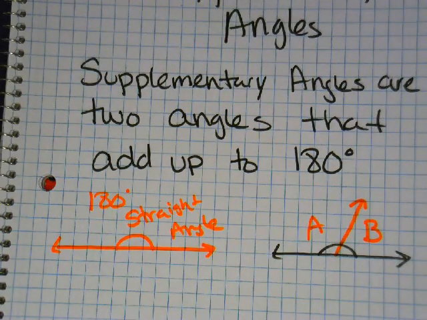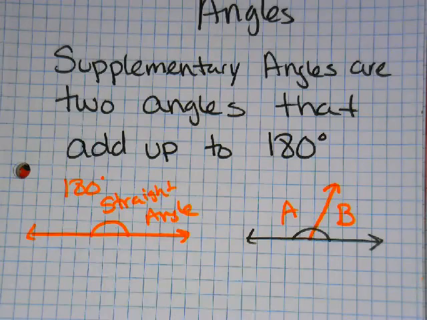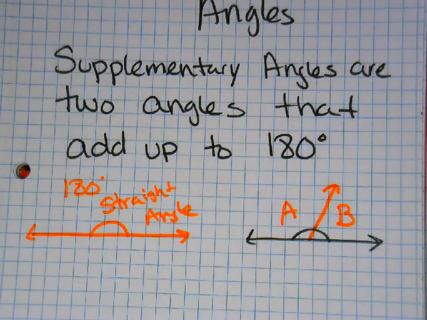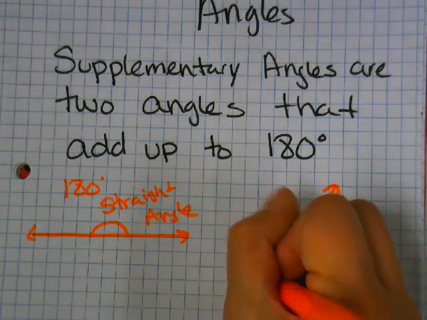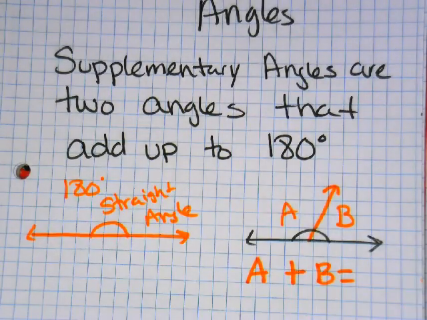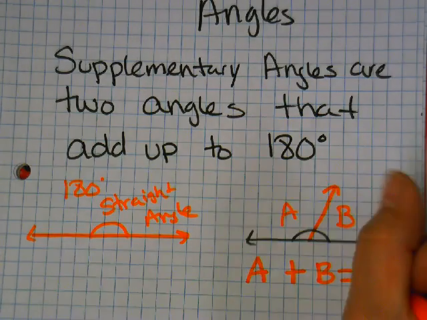Just like last week when we had two angles and it equaled 90, like number 1 on your do now, what did it equal? 90. Now we're going to switch it over and have it equal to 180 because it's a straight line. Same type of work. So if I add angle A plus angle B, now what is it going to equal? 180.